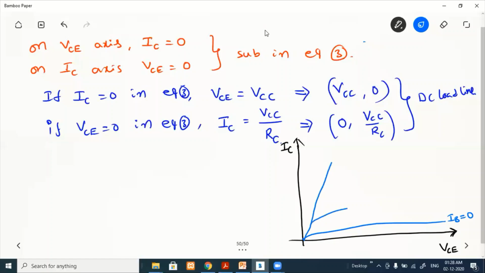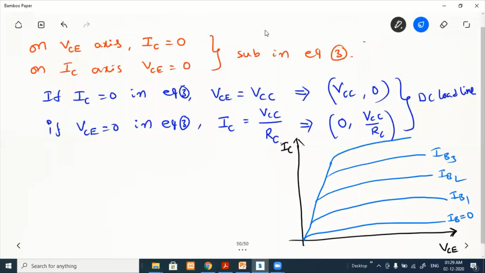This is IB1, this is for IB2, this is for IB3, and this is for IB4. So as IB increases, IC also increases.